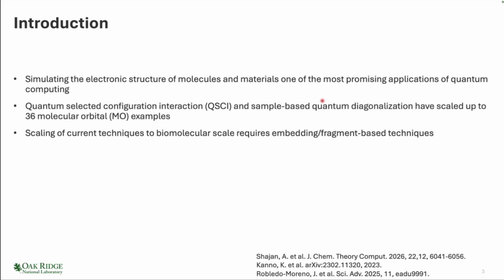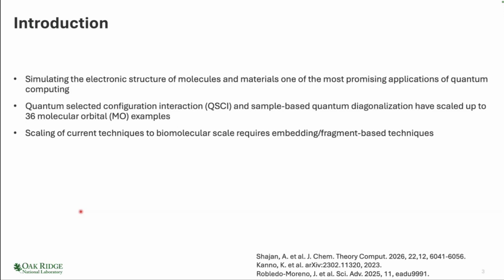So that's been done on 36 molecular orbitals, but to take this up to something of biomolecular scale, and this is a problem we have in classical quantum chemistry as well, these sizes just become intractable for what's available with near-term hardware. So to scale these up, we want to look at what are called embedding or fragment-based techniques.